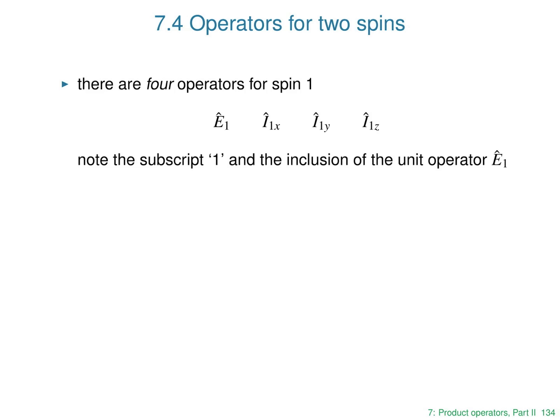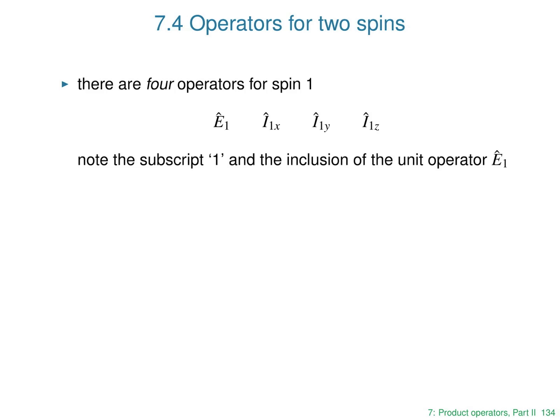Now, when we had one spin, I said that to describe the density operator, you needed Ix, Iy, and Iz, and these represent the X, Y, and Z components of the nuclear spin angular momentum. Now, if we're going to have two spins, then we need three operators which are called I1X, I1Y, and I1Z, and they represent the X, Y, and Z components of the spin angular momentum for spin 1, and that's why they have the subscript 1.